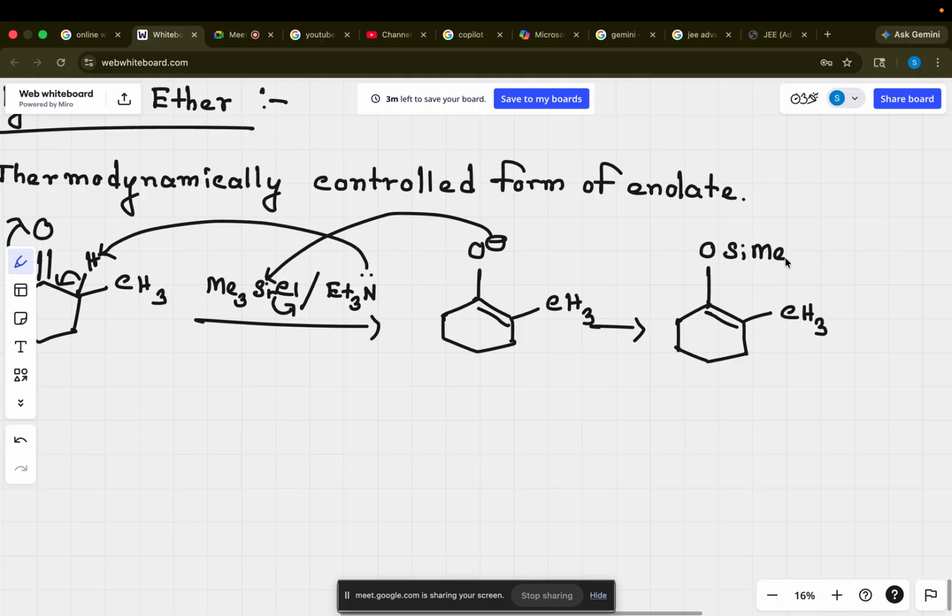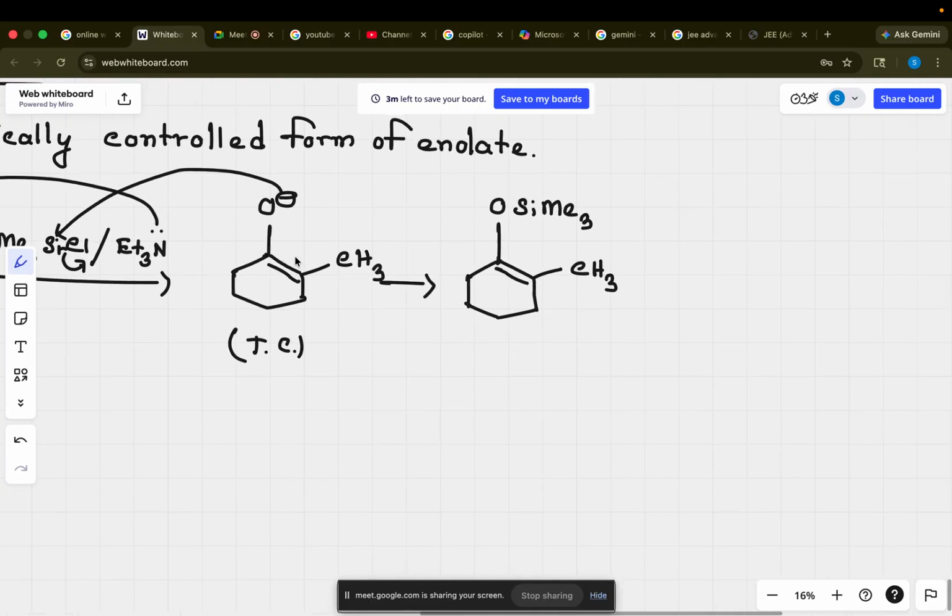Any doubt? So triethylamine is abstracting the proton from here, and you are getting the thermodynamically controlled enolate. Then O minus is attacking on the silicon center, because the silicon center is also hard, so you are getting OSiMe3. This thing is clear? Yes, sir. Clear, right?